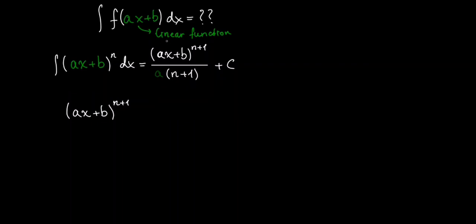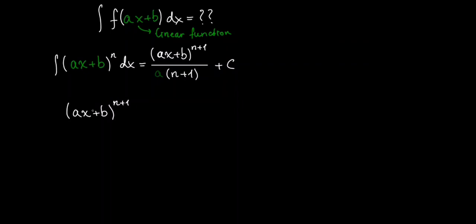Since we're doing the derivative of this fraction, for now I will only take the top part, because the top part is the only place that has the variable x. On the bottom, a times n plus 1, it is simply a coefficient, and I will just multiply it later.